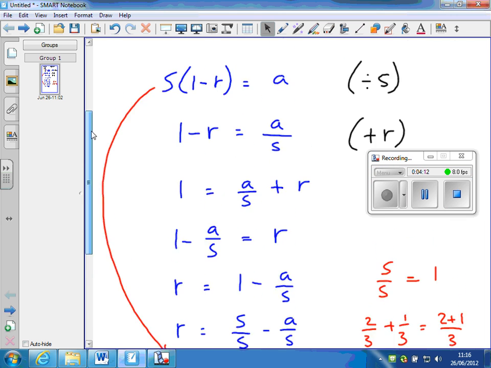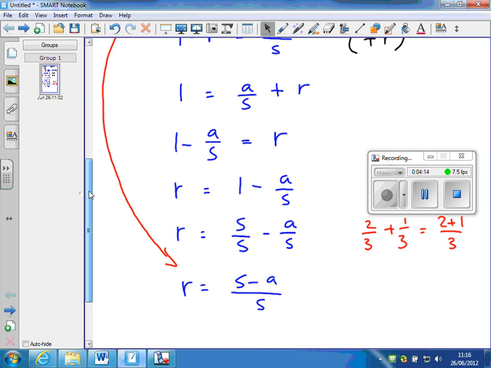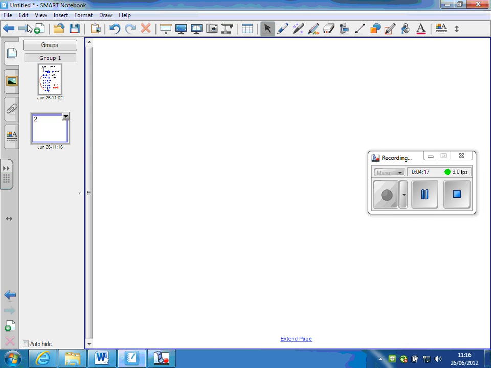So going back to this, S into 1 minus R equals A. We might decide at this point to multiply out the bracket. S minus SR equals A. Now, the term that involves R is negative, so add SR to both sides, and then see if you can go from there. So adding SR to both sides.